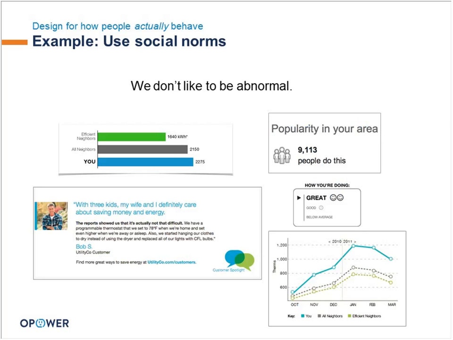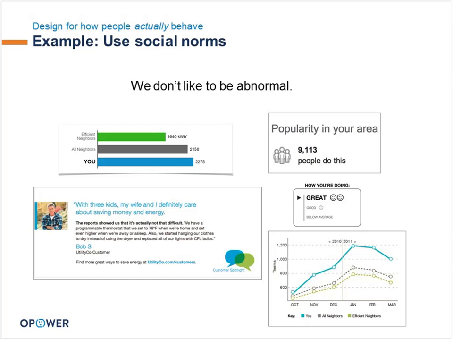But that's not the only place where we can use social norms, and we can use social proof in various other places throughout our products. So you can see that at the top right, we are showing people how many people in their area are participating in certain energy efficiency tips.